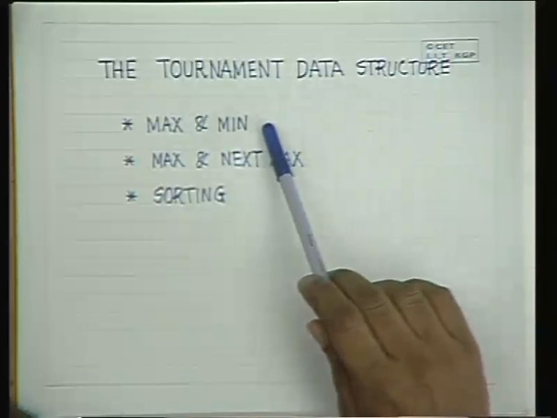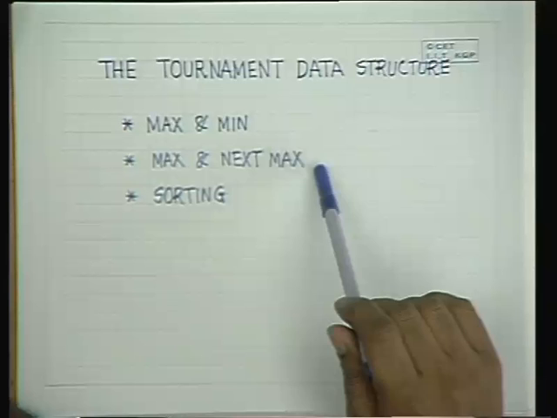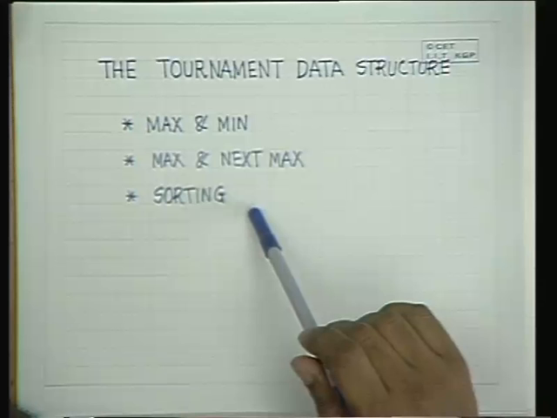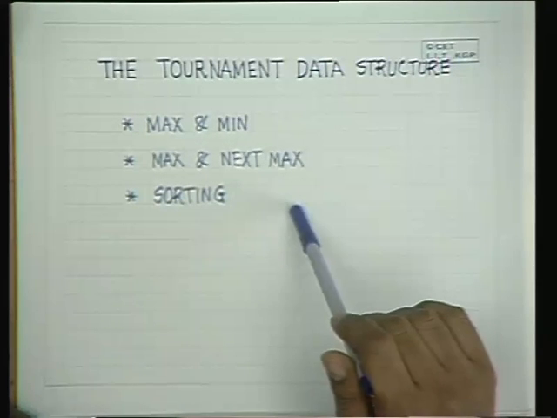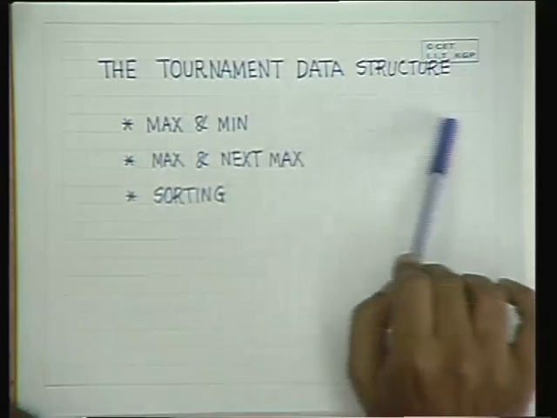The tournament structure was only implicitly used to solve the max and min problem, but it was explicitly used to solve the maximum and second maximum problem. We shall also see how it can be used to solve the sorting problem much more efficiently than the traditional techniques. So that's what we'll discuss today in more detail, the tournament structure.